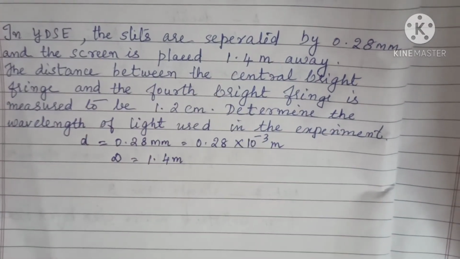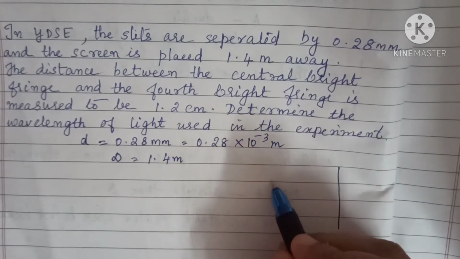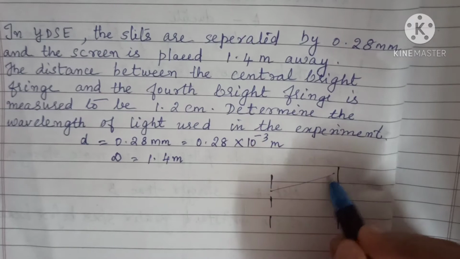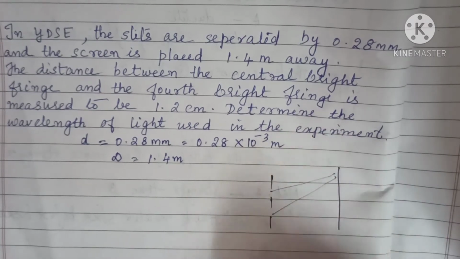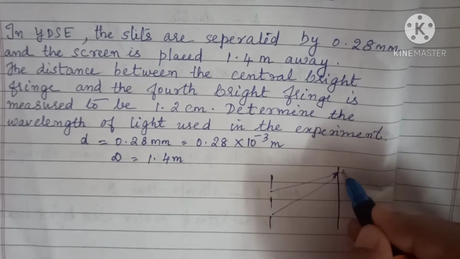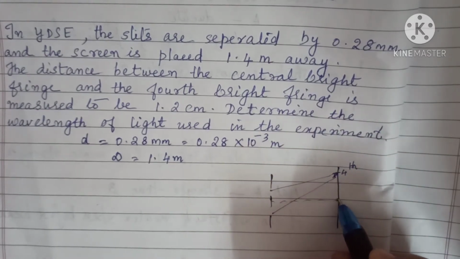The distance between the central bright fringe and the fourth bright fringe is measured to be 1.2 centimeter. That means if you have a screen here there are two sources, okay, and somewhere here you are getting the band. Suppose this is the fourth bright fringe, then this is the central bright fringe.